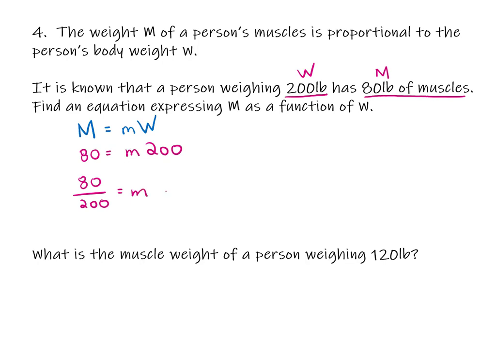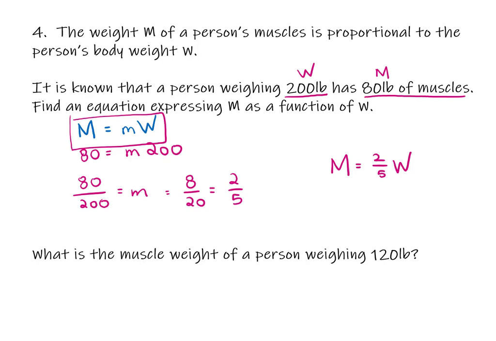And then reduce. So that'll be 8 over 20, and reduce by 4, we get 2/5. And now that we solved for our m value, we can plug that back into our original generic equation, and we're going to get M is equal to 2/5 times W.